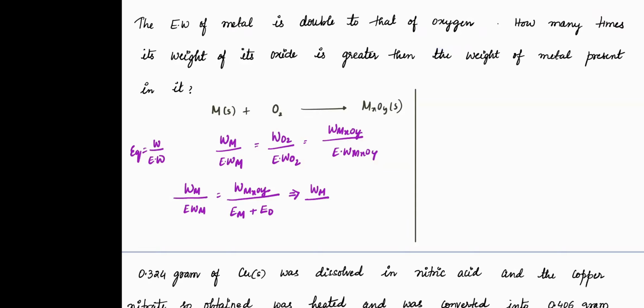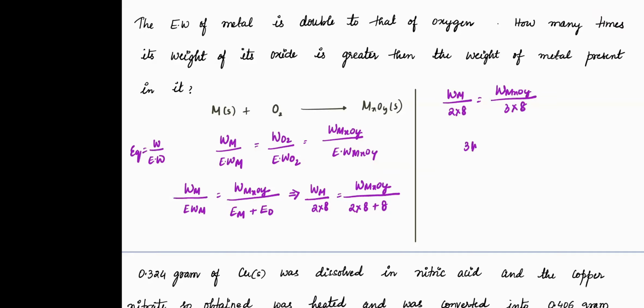So the metal's is double of 8, and that is equal to weight of metal oxide divided by double the oxygen's plus the equivalent weight of oxygen, 8. Therefore, weight of metal by 2 into 8 is equal to weight of metal oxide divided by 3 into 8. Correct? So 8 will get cancelled.